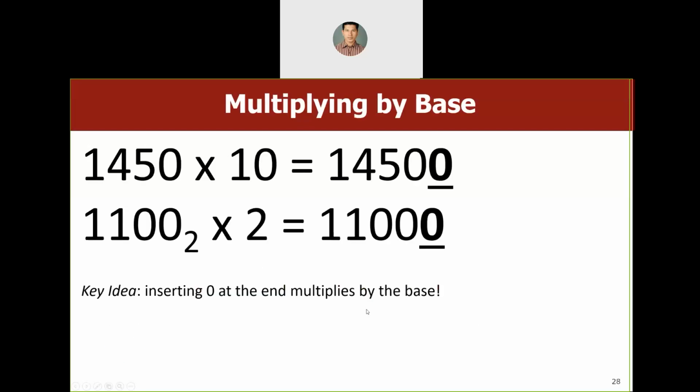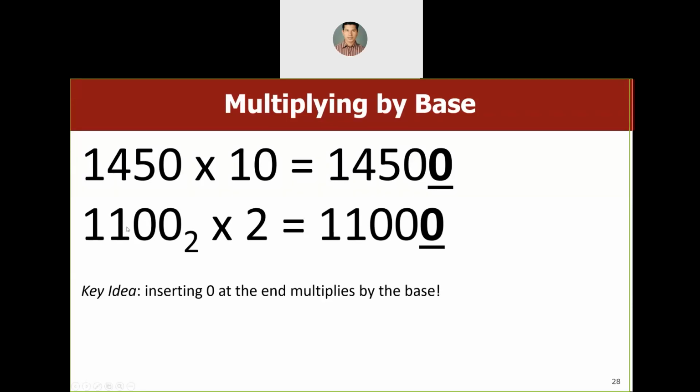Now we have some more tricks. When we multiply 1450 by 10, we always know that you just have to add 0 here, so you get the answer 14,500. What about in binary? If my number is 1100, how much is this? 1100 is 12, because 1000 is 8 plus 4.